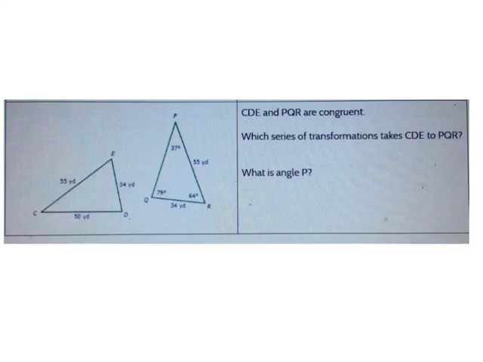Let's look at one last problem. CDE and PQR are congruent. Which series of transformations takes CDE to PQR? It is a rotation, then a translation. What is angle P?